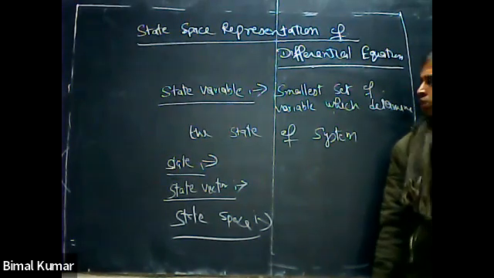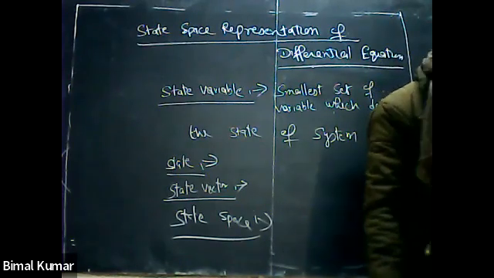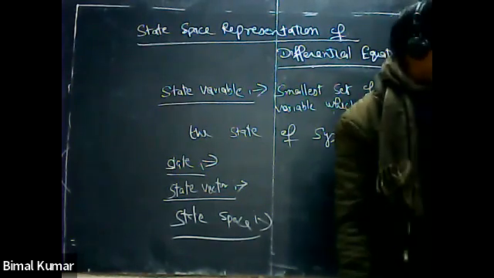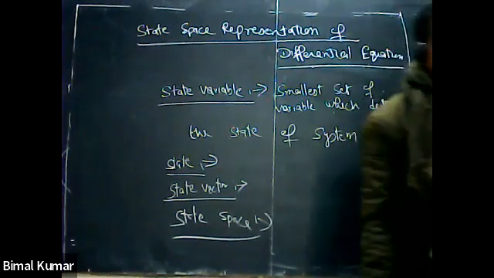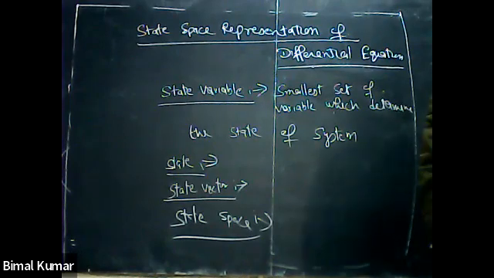So these four definitions are related to each other. We will correlate them and find how they are helpful for us. First is state variable: the smallest set of variables which determine the state of the system.